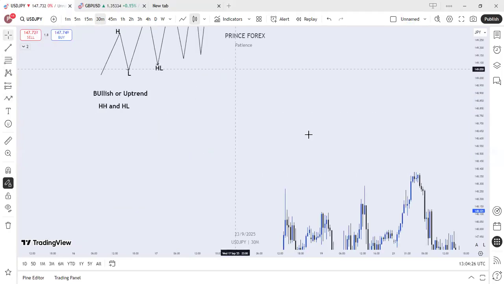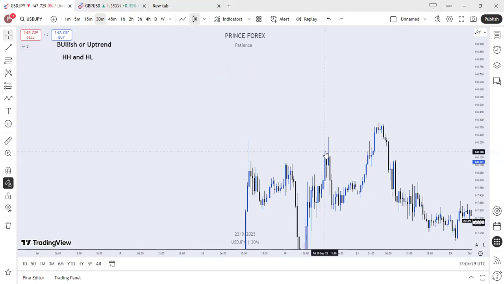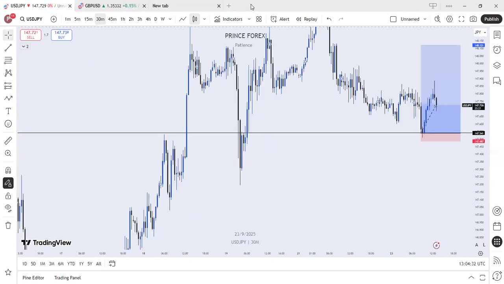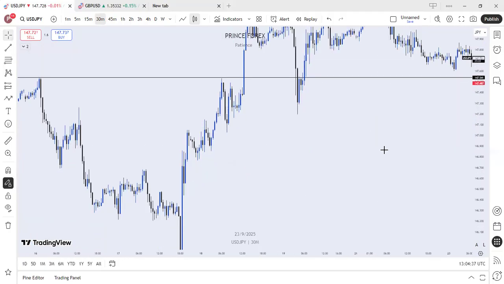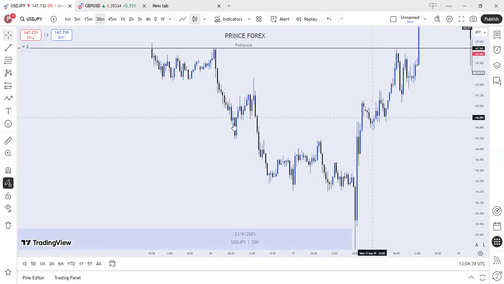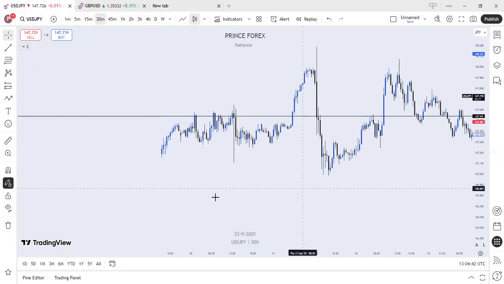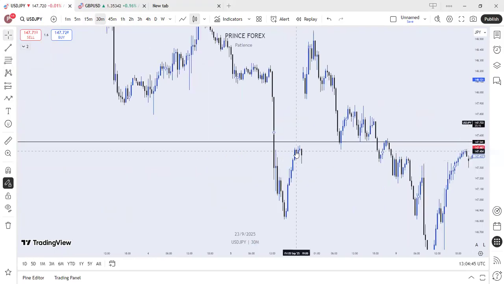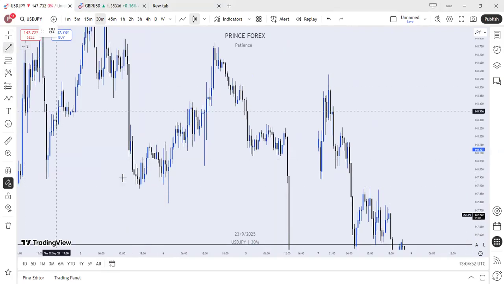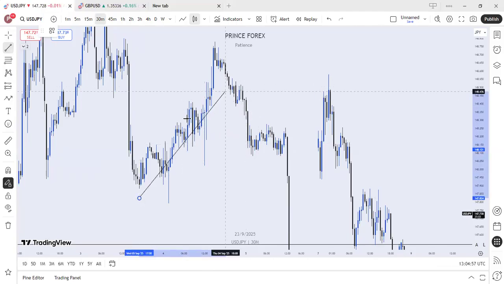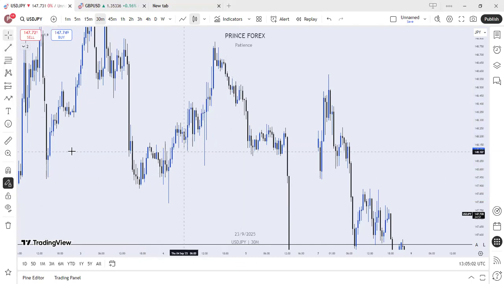Let me give you guys some chart examples here. I need a very clean example. All right. When you look at this particular zone, from here all the way to the upside, you could see that price was moving to the upside, which means it was in an uptrend, right?